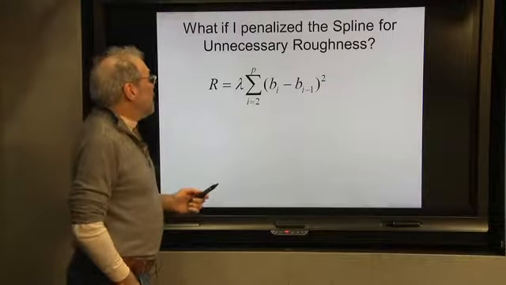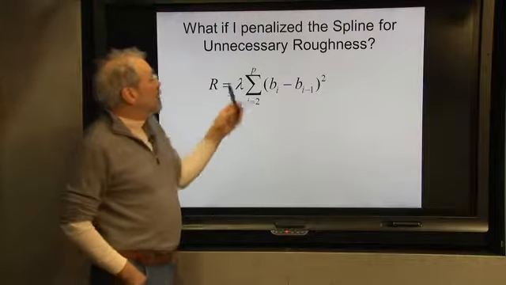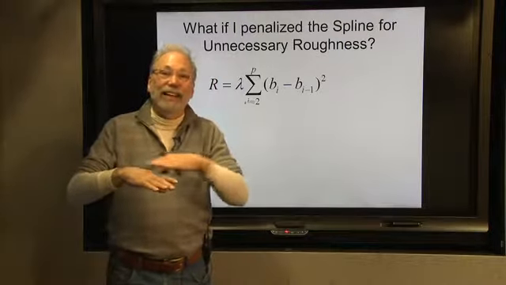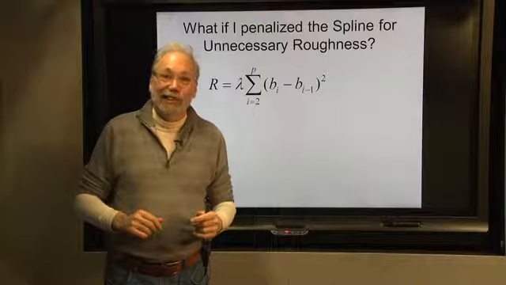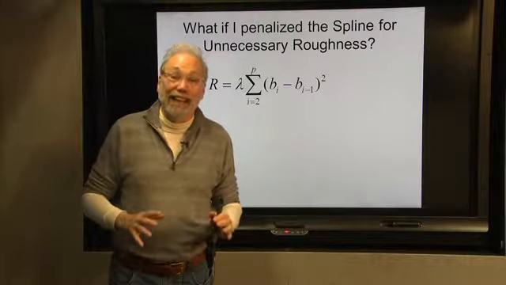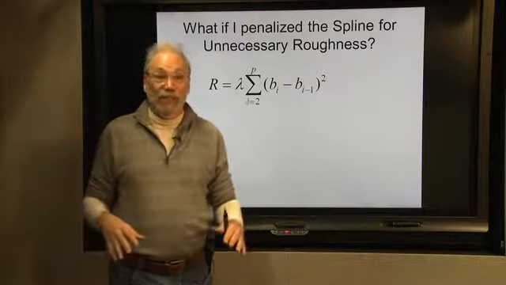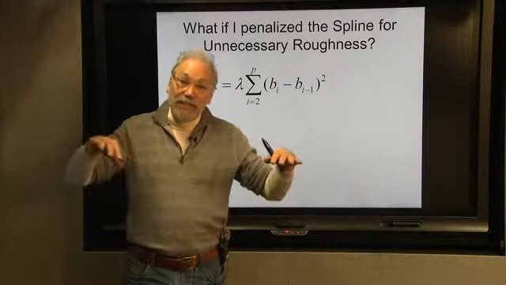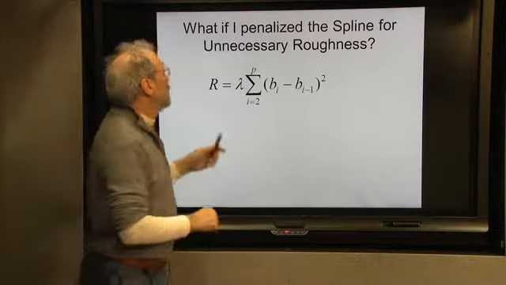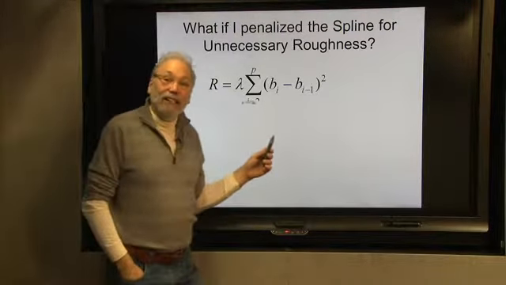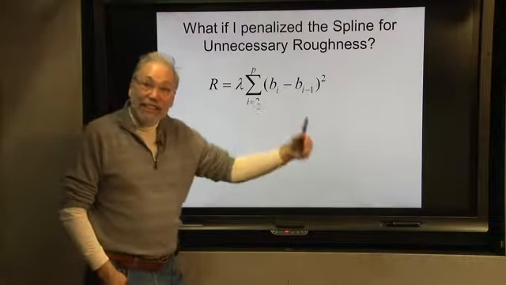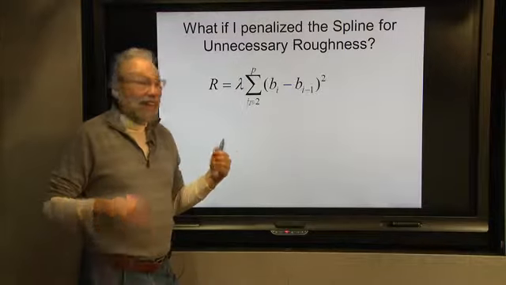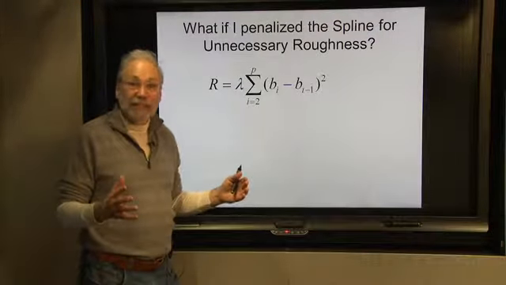Well, one solution is to penalize the spline for unnecessary roughness. You run your hand over the sawtooth and it hurts. We don't want that. We want smoother curves, but we want them to be flexible enough to fit the real relationship. So I start off with enough knots so that I'm pretty confident that I can fit anything that's plausible.